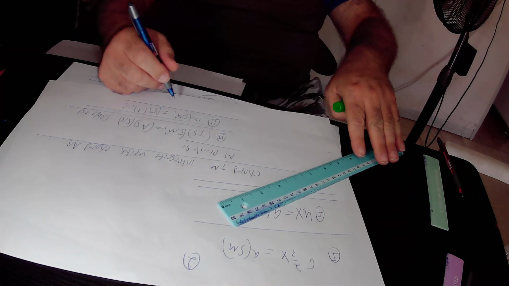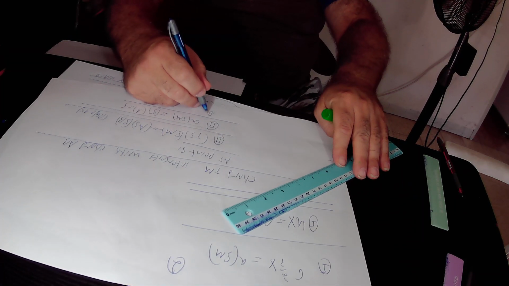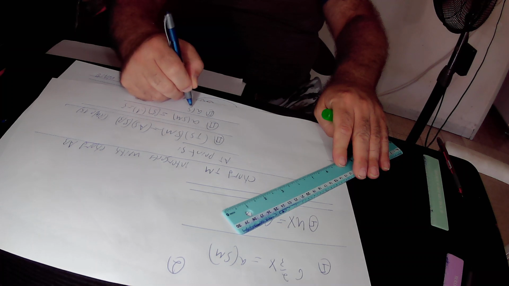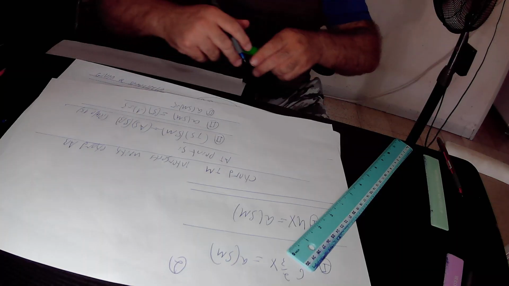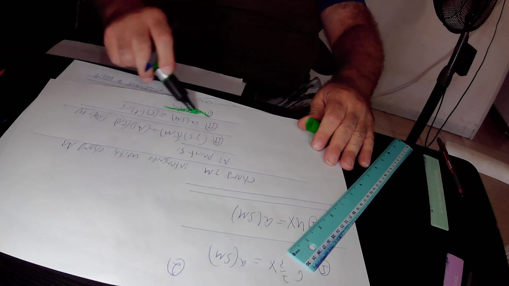So according to equation 2, A times SM equals 5. This is according to equation 2.